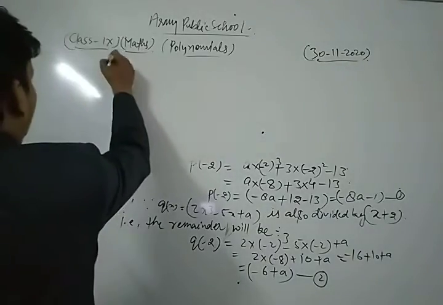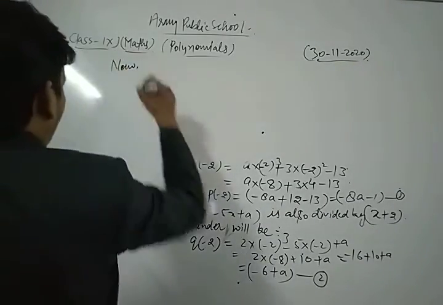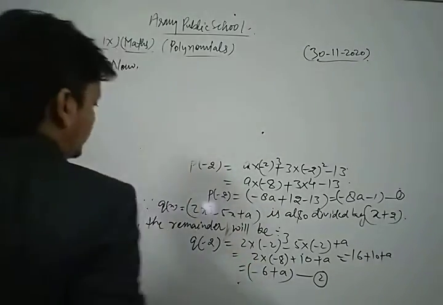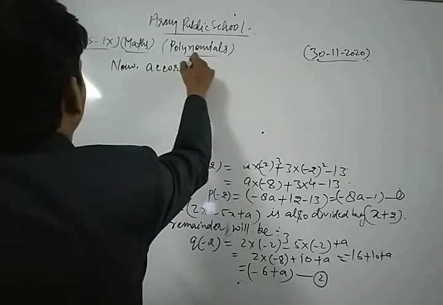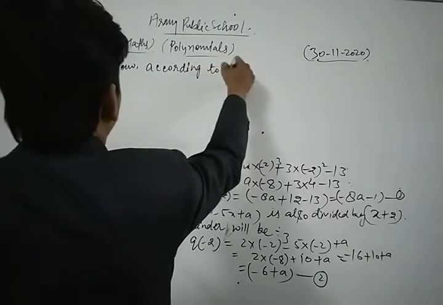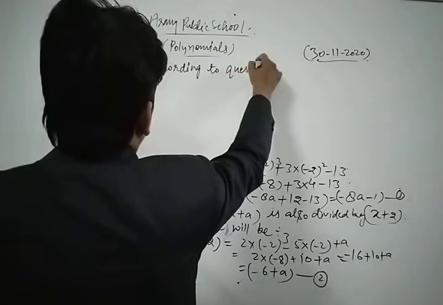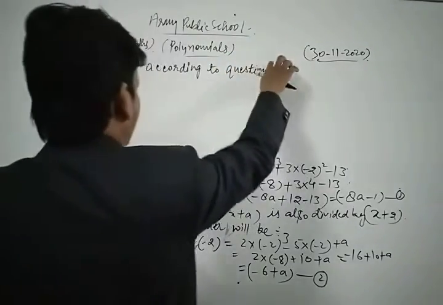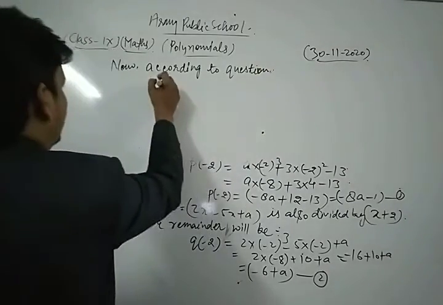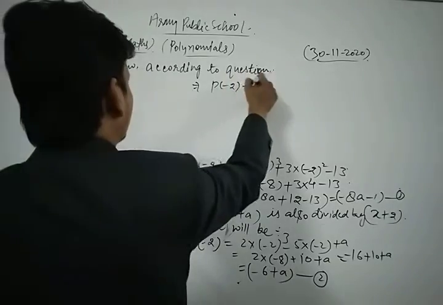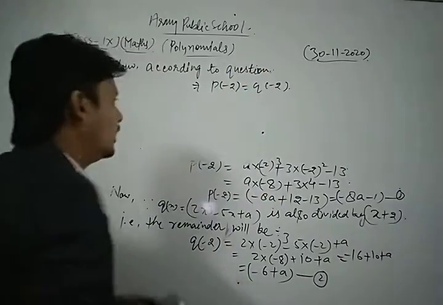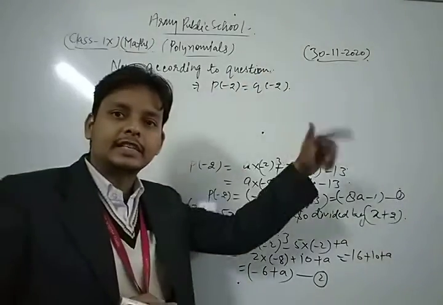According to the question, p of minus 2 is equal to q of minus 2, because the remainder in each case remains the same.